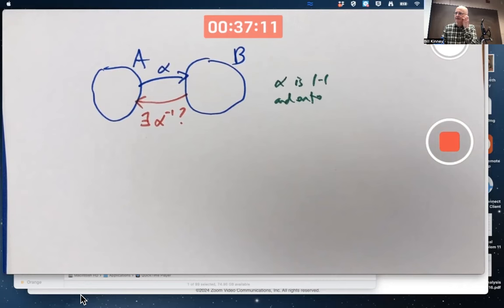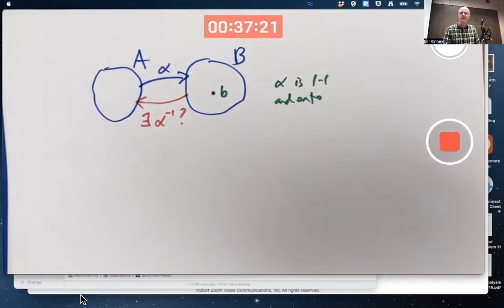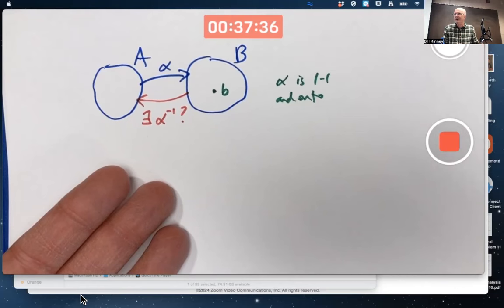And what you end up doing in this kind of situation is defining it in the only way that makes sense, hopefully. Give me an arbitrary element, little b of capital B. What should I map it to under this function I'm trying to define, alpha inverse? It's got to be related to alpha. You got to use alpha somehow. How could you possibly use alpha?